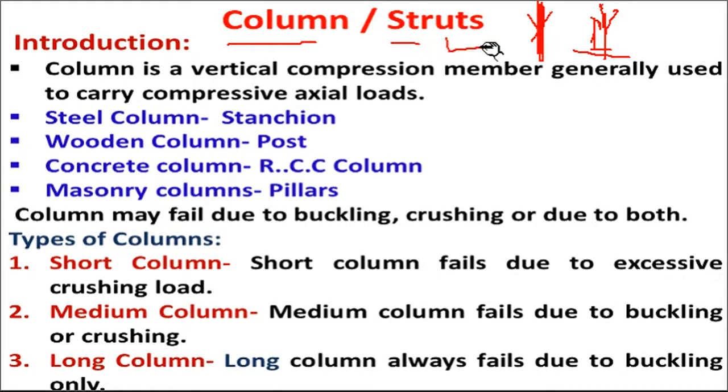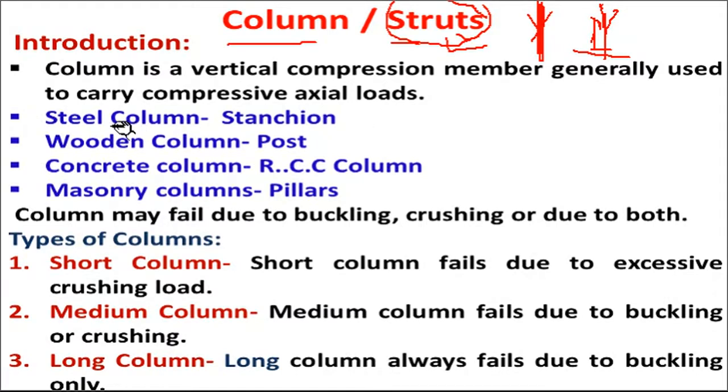A compression member is also called a strut, but strut is the name generally used in the case of steel trusses. When a compression member is present in a steel truss, that particular member is called a strut. Depending upon the material, there are also different names for the column.